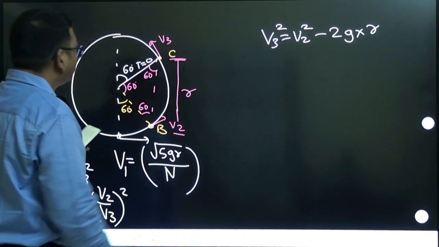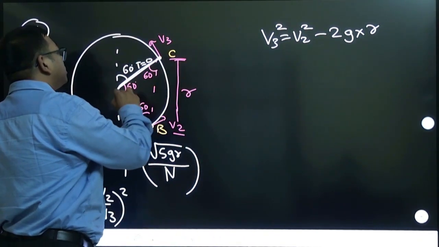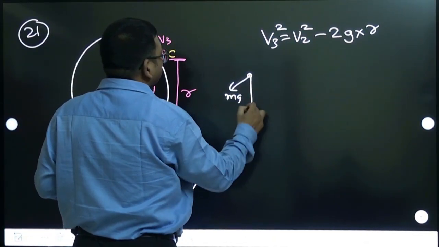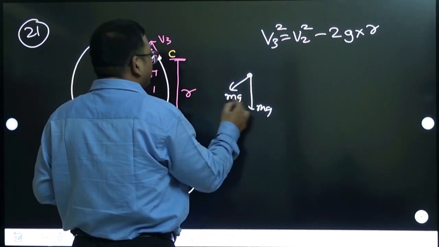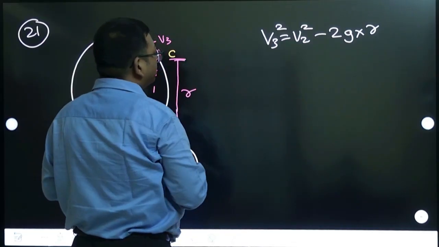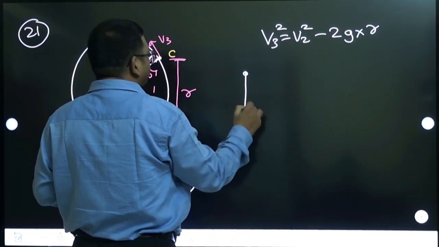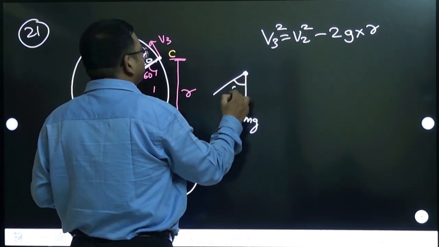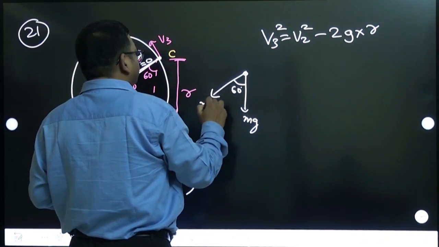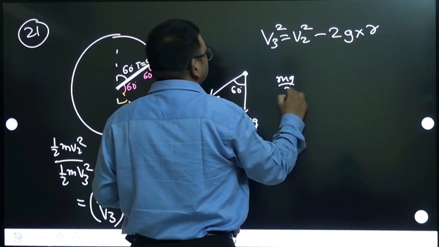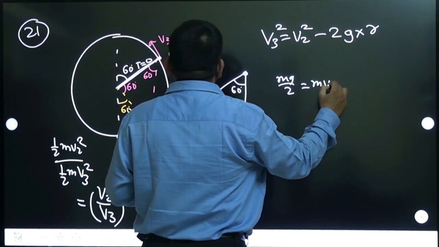Anything else? And note that here tension is going to be 0, which means the only force is going to be mg, of course in this direction. Then this side component, you can take the component of g itself if you want, because at this point this is mg. This angle is also 60, so mg by 2, mg cos 60, this mg by 2 is centripetal force, m v square by radius, v is v3.